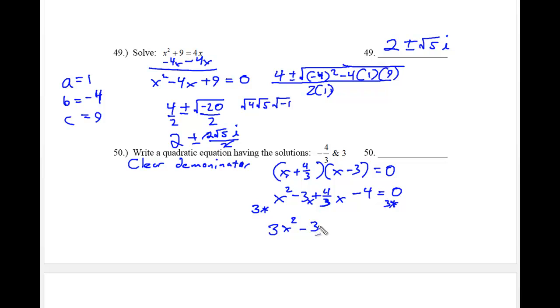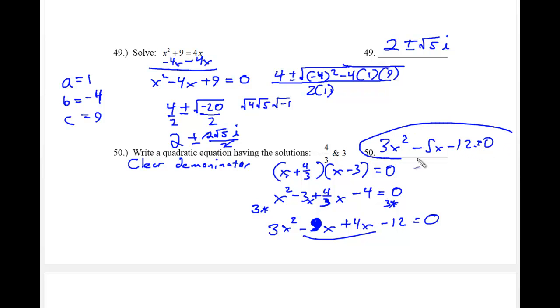Minus 9x, 9x plus 4x minus 12 equals 0. Now I combine my middle two terms here. So my answer is 3x squared minus 5x minus 12 equals 0. And that gives me my quadratic equation that will give me these two answers to my problem.